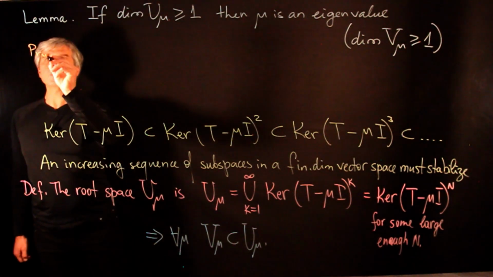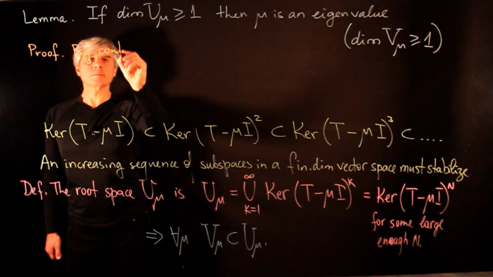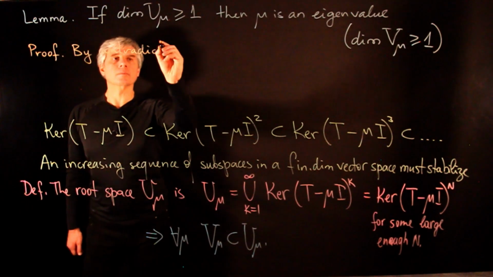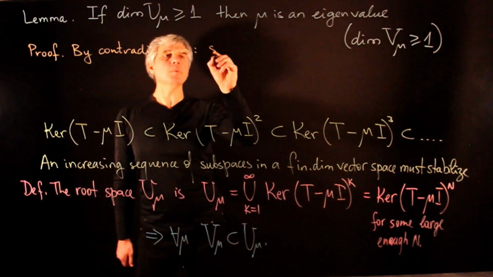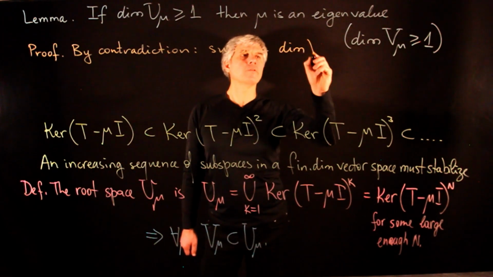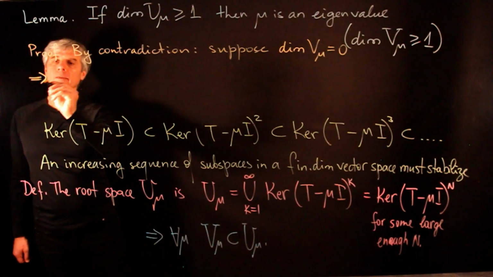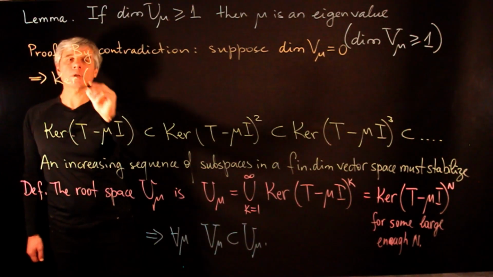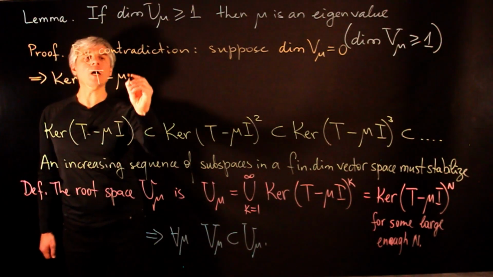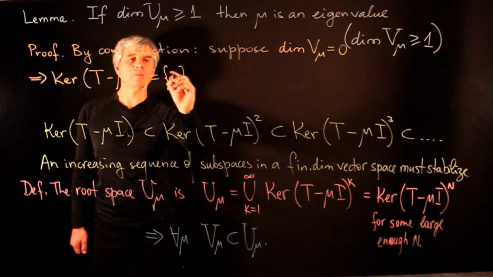The proof goes by contradiction. Suppose the dimension of V mu is equal to 0. Then this tells us that the kernel of T minus mu I is equal to the 0 vector.